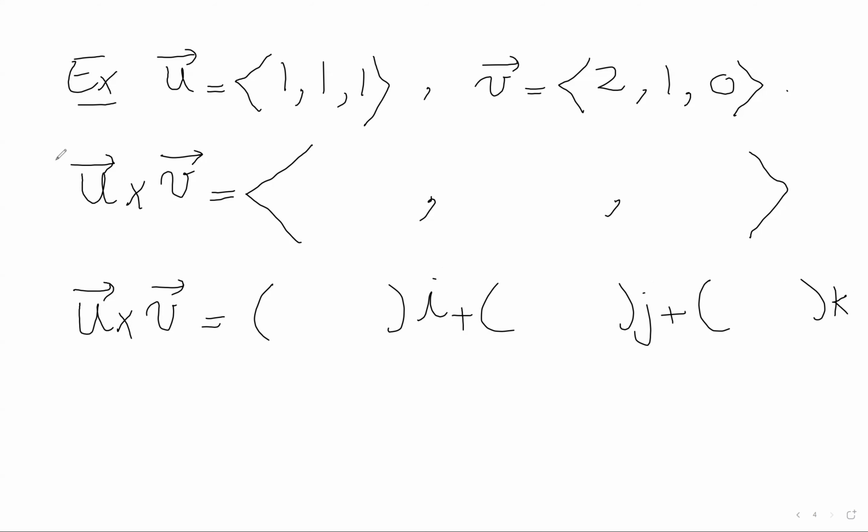This is part 1 of this example. In part 2, I'll do V cross U. I would suggest that you pause the video and try to find this cross product using that determinant, and then you can watch my solution.